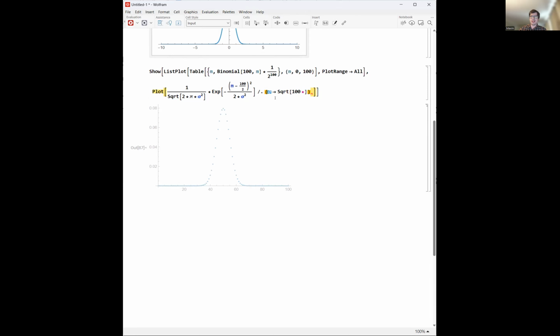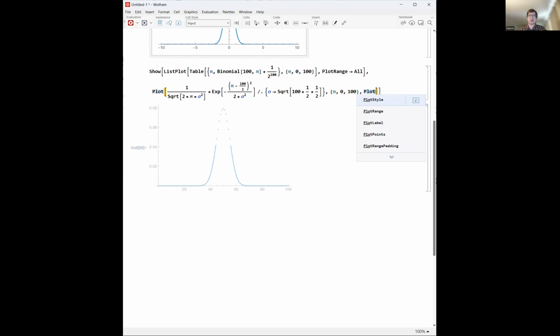The standard deviation, which you can think of as the width of this bell curve, grows like the square root of the total number of steps, which is interesting. And then it's multiplied by a quarter, which is just 1/2 times 1/2, because 1/2 is the probability of stepping to the right and 1/2 is the probability of stepping to the left. And then let's plot that, from 0 to 100 and see what happens.